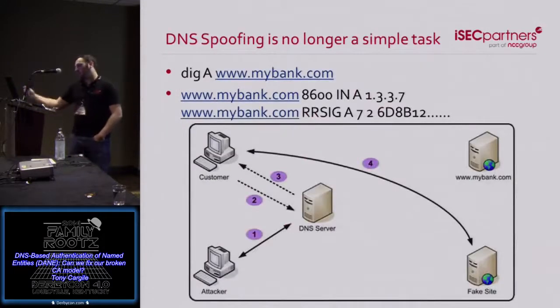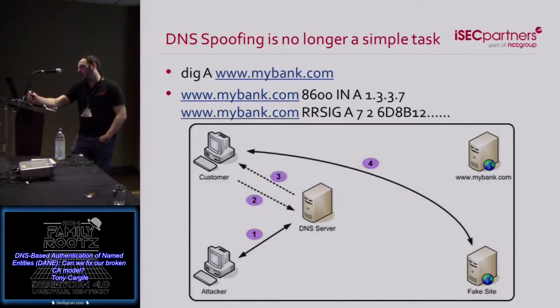So why does this protect against DNS spoofing? If you look at this graph, whenever an attacker is sitting in between the client and the DNS server, yeah, it can still modify those records, right? So if you send an A request out to bank.com, what you get back is the IP, but how is that attacker going to sign that record?